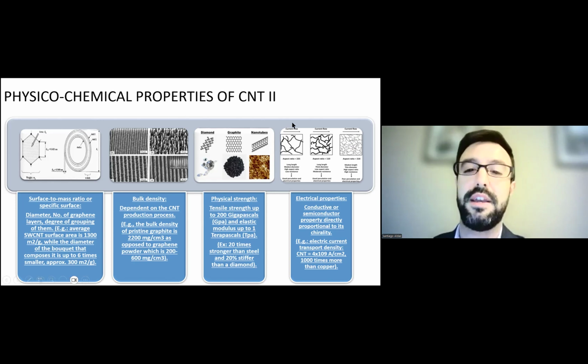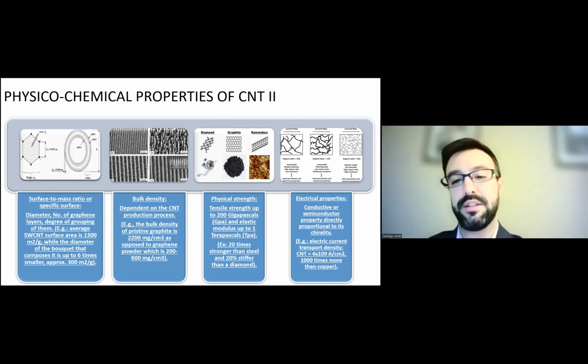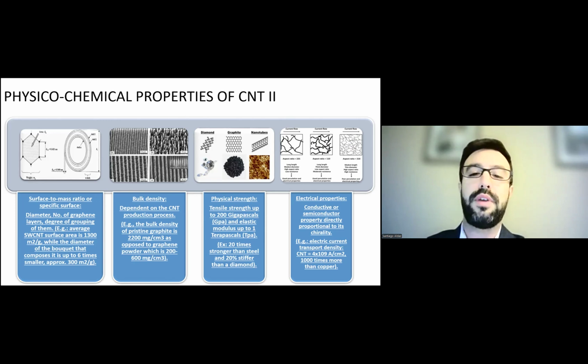The bulk density depends on the CNT production process. For example, the bulk density of crystal graphite is 2,200 milligrams per cubic centimeter, as opposed to graphene powder, which is nearly 200 to 600 milligrams per cubic centimeter.